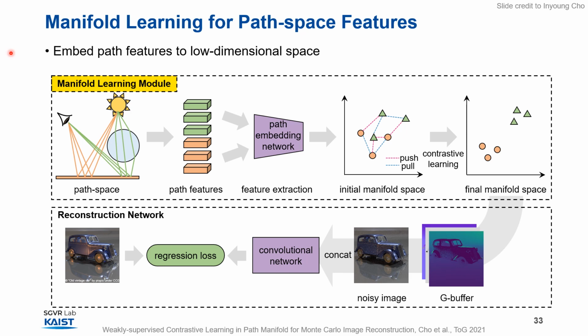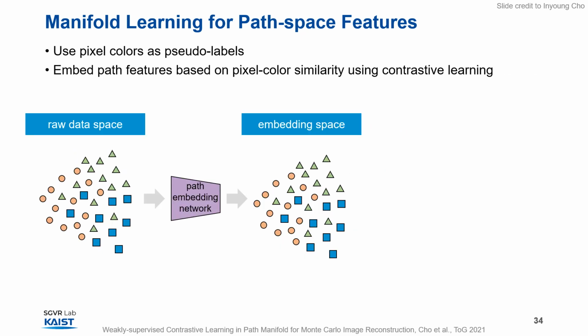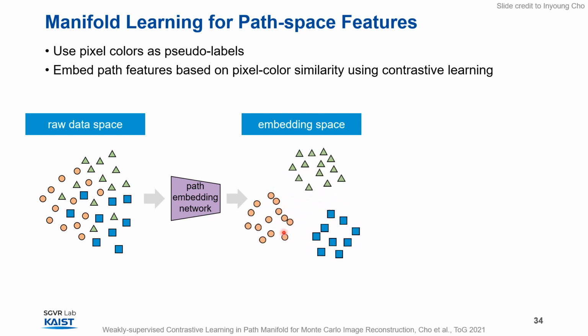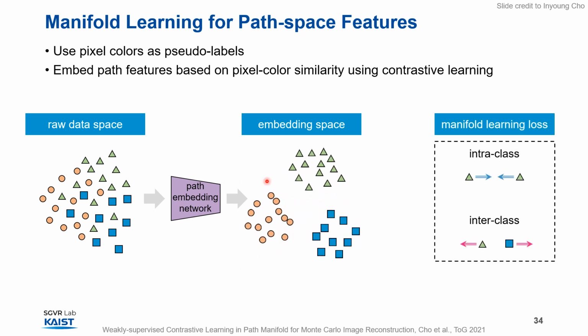In order to effectively utilize the path space features, this work introduces manifold learning that embeds path features into a low-dimensional space. And then, the embedded path features are fed to the denoising network along with other inputs. For manifold learning, they used contrastive learning to train the path embedding network, which clusters the paths with similar pixel radiance together and repels paths with different pixel radiances.